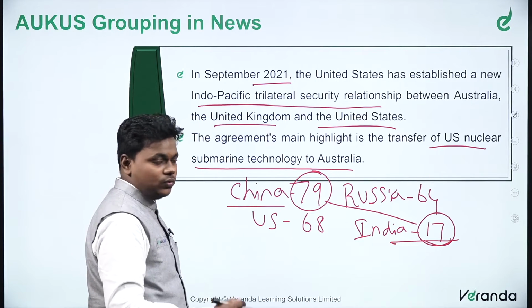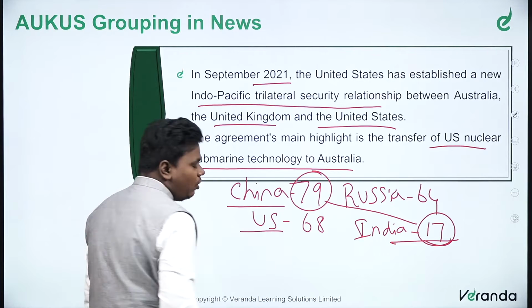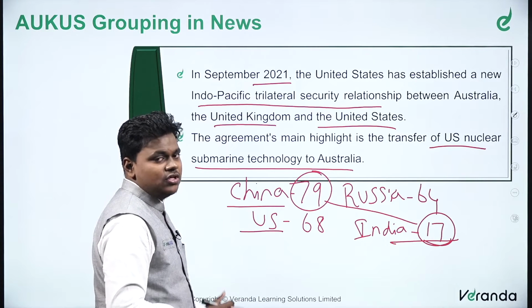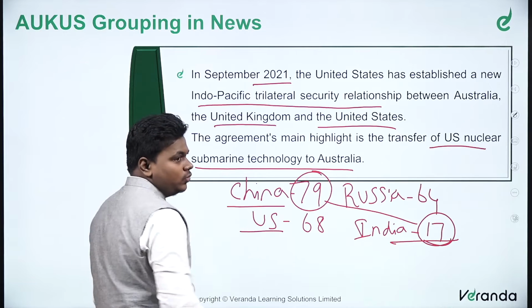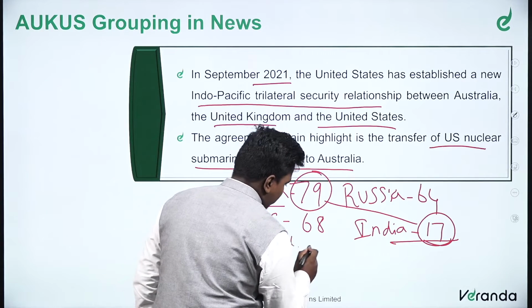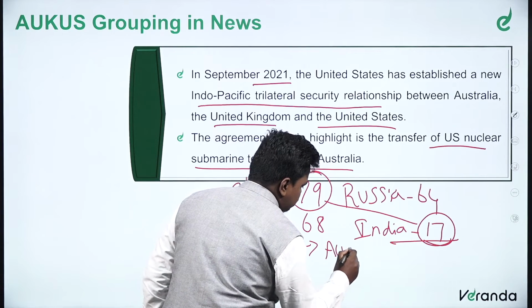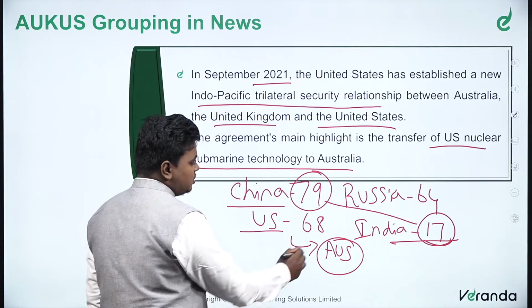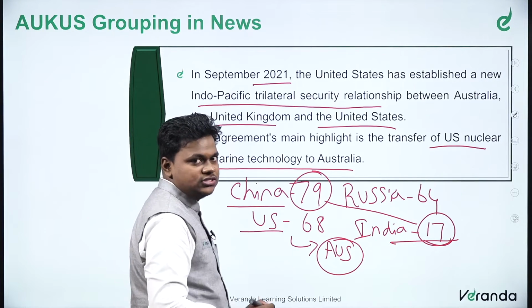Because of that, the US is thinking of strengthening some other country's nuclear submarine fleet so that China can be countered. That key was provided by Australia. That is why the US and the UK are empowering Australia with this nuclear submarine technology for countering China in this region.